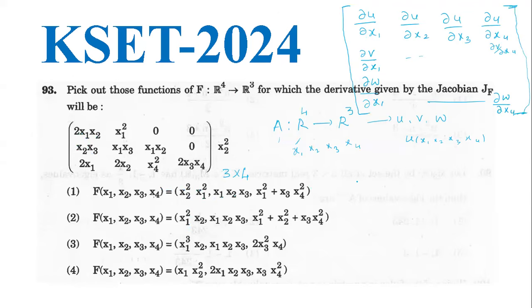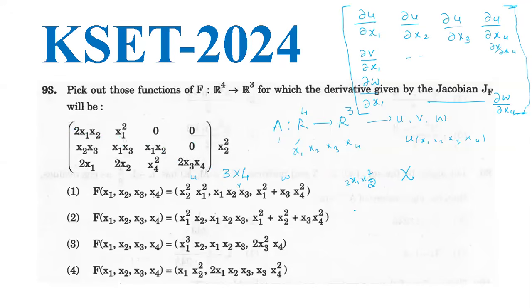If we take u, v, w here and differentiate the first function, we get 2x1 x2 square as the first element. Therefore, it is wrong. We get the first function as 2x1 x2. Next, check the second one.